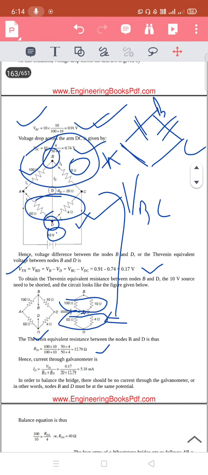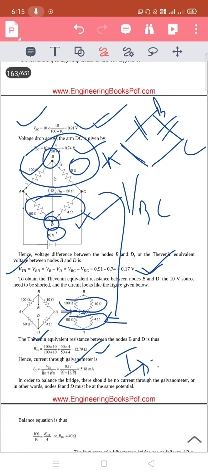Then to find the current ID, that is the galvanometer current, ID is equal to VTH divided by RD plus RTH. RD is the internal resistance of the galvanometer, and VTH we have already found, that is 0.17 volt.